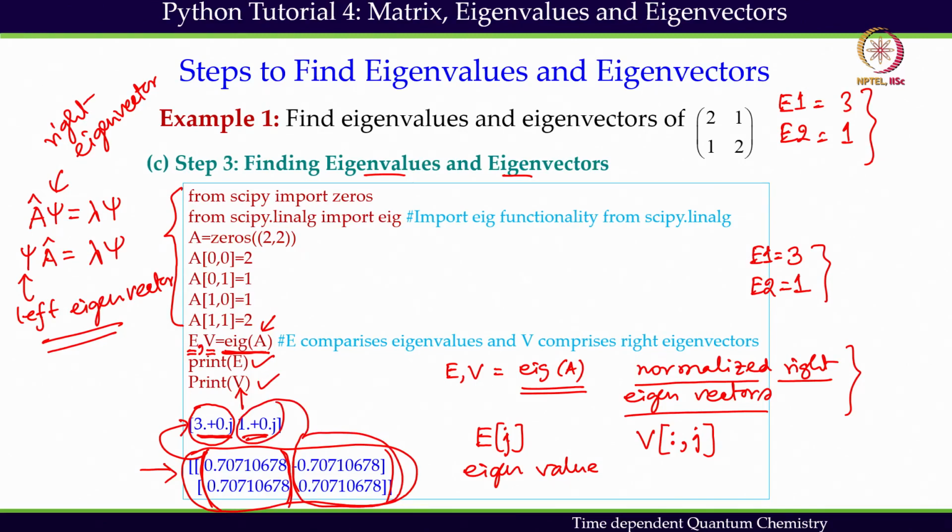So, if I need to pick up the eigenvector corresponding to a particular eigenvalue, then I have to follow this way. V has all the information hidden. I just have to pull up the particular column corresponding to that particular eigenvalue.